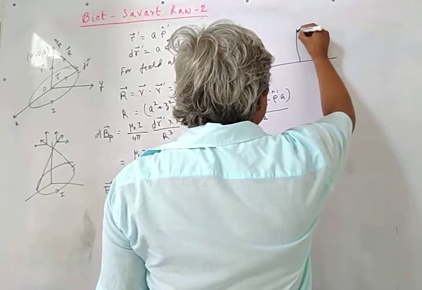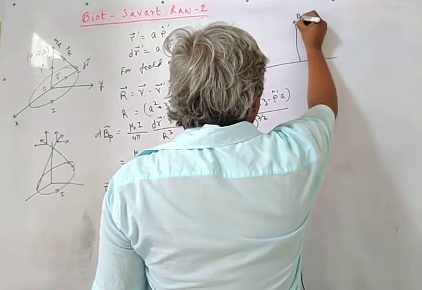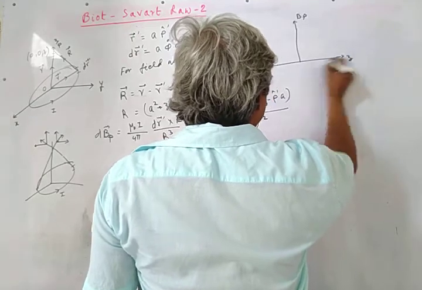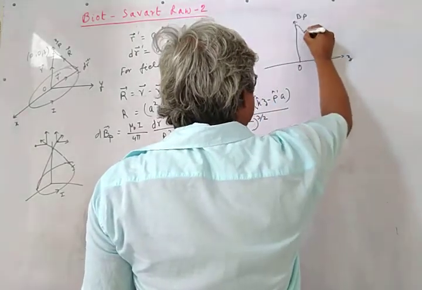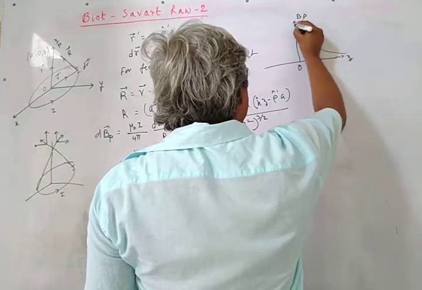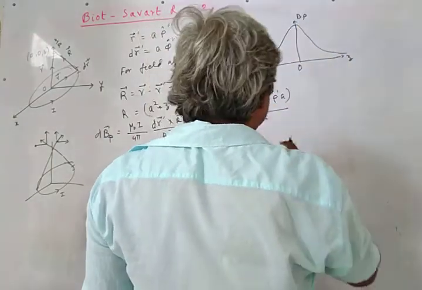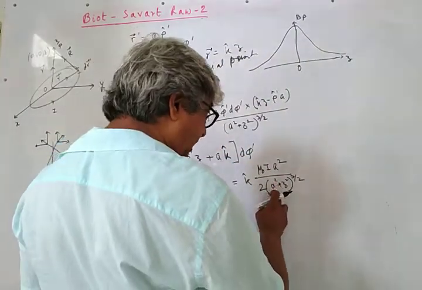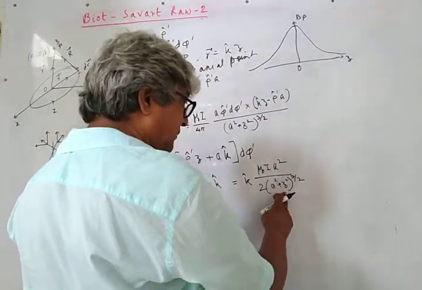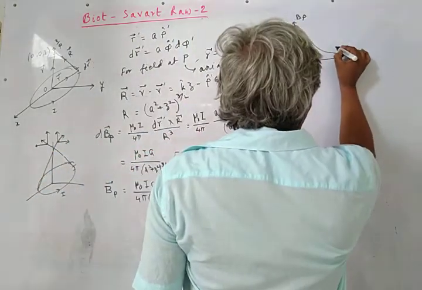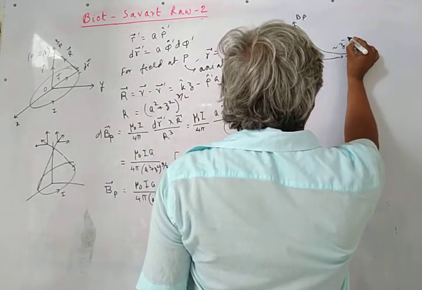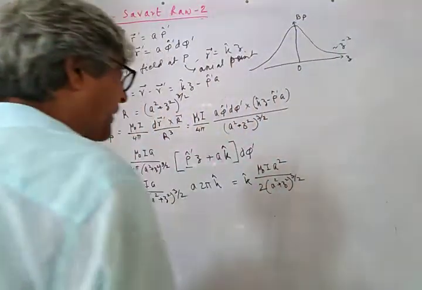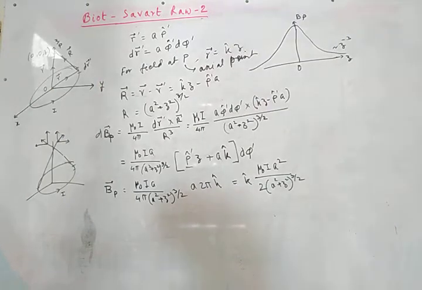This is B P and this is z. This is the origin. At large distance you can ignore a in comparison to z, and at this large distance it varies as 1 by z cube. So asymptotically the field varies as 1 by z cube.